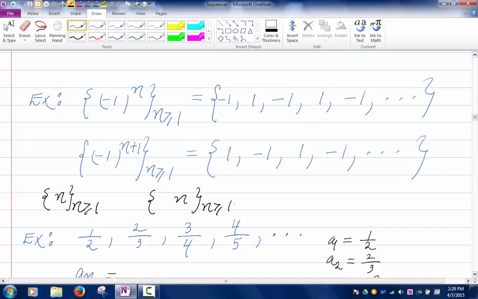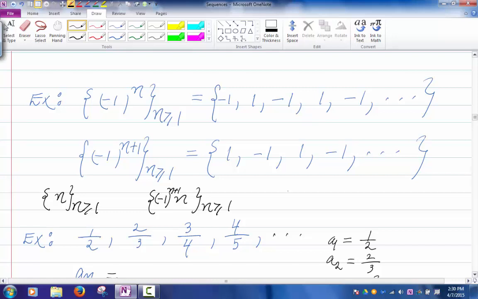Did my question make sense? So you want to multiply by negative 1 to the what? N plus 1. Because if you multiply by negative 1 to the n plus 1, then the first term would be positive 1, and then the second term would be negative 2, right? The third term would be positive 3. The fourth term would be negative 4, and so on, right?